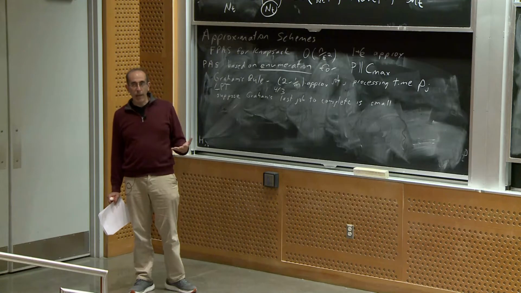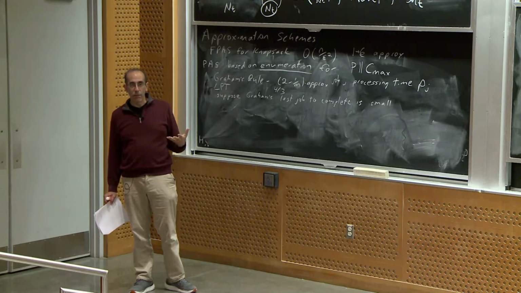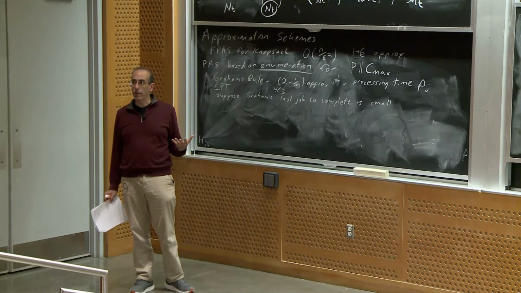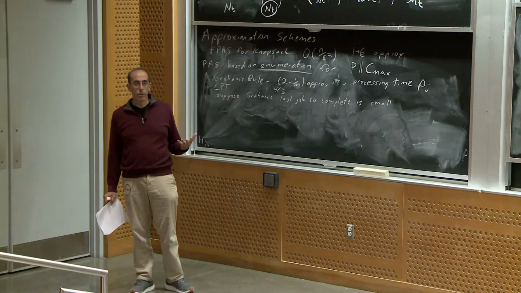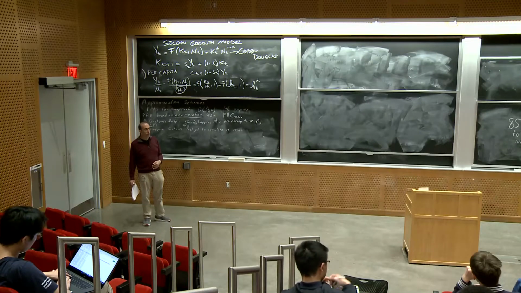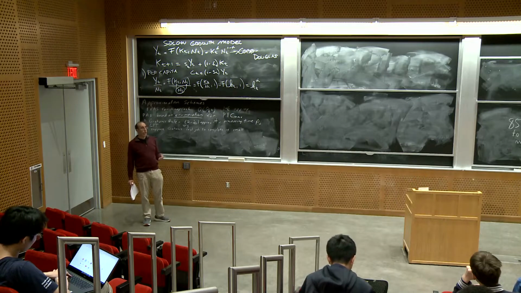And what can we say about that least loaded machine? Again, this comes straight from the analysis of Graham's rule. Its load was lower than average. Exactly.